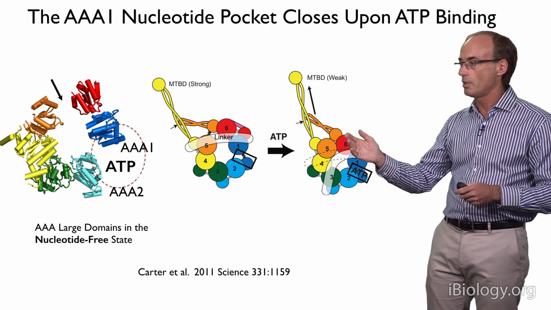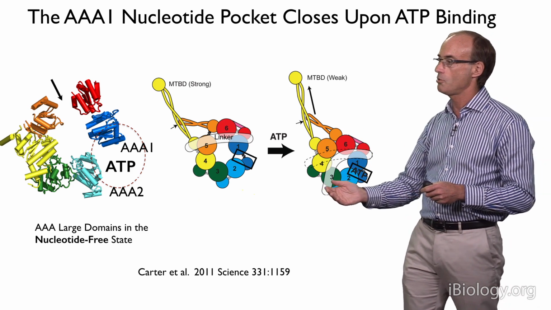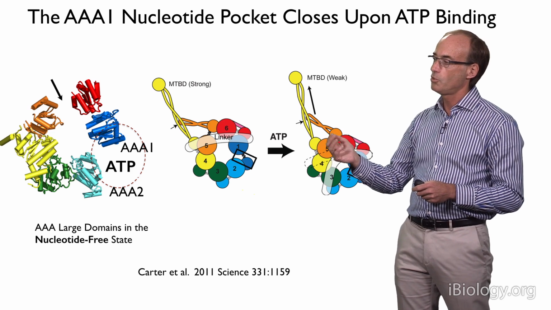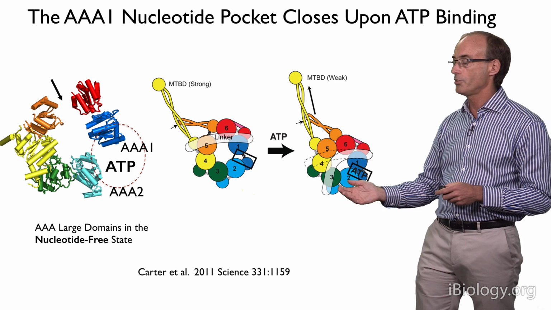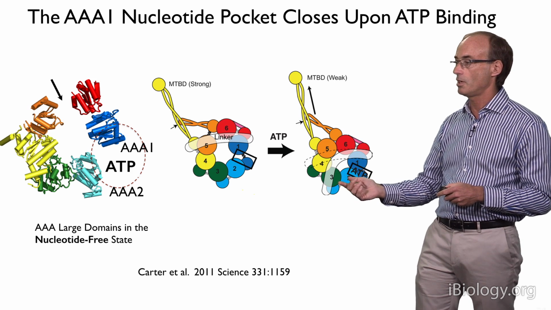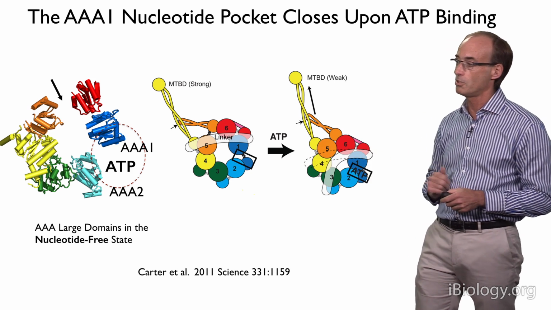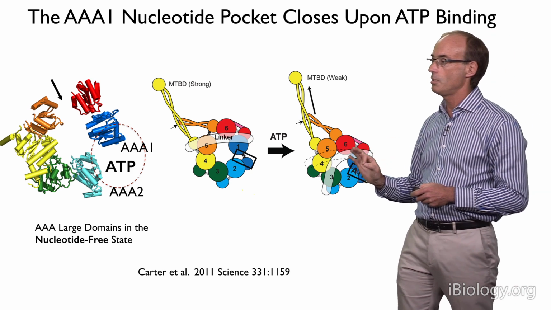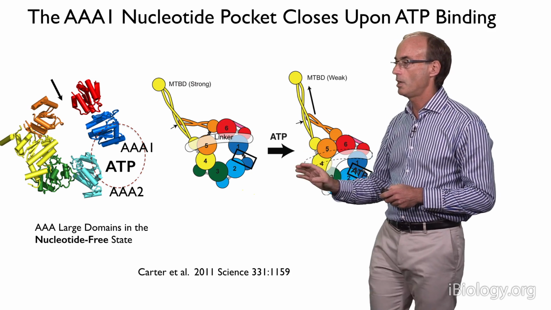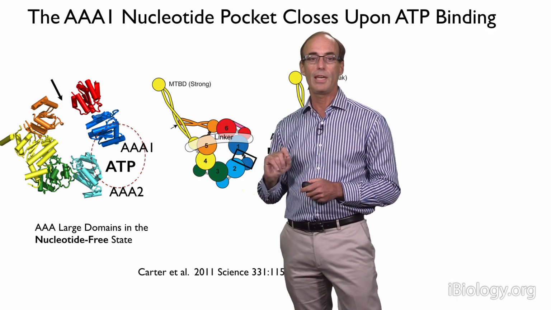And that closure then propagates a conformational change around the ring that gets transmitted to the microtubule binding domain, and also gets propagated to the linker to change the linker conformation, although initiated by the binding of ATP and the closure of this gap.